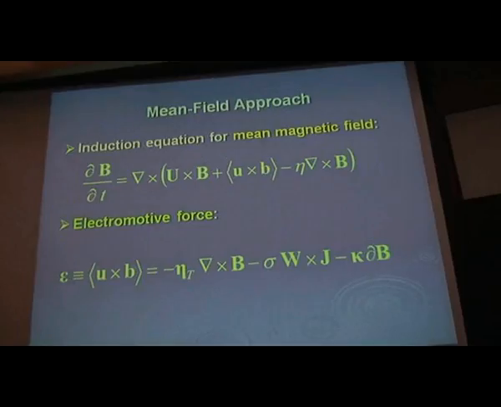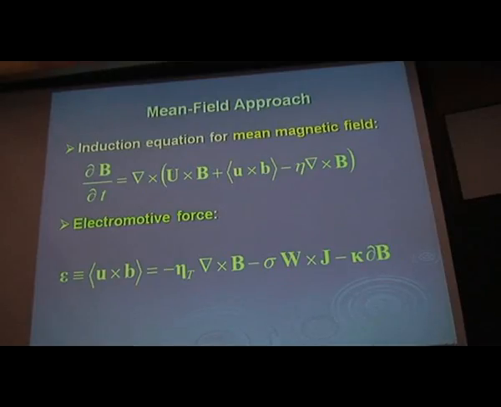Let's discuss the theory. In the frame of the mean field approach, when there is mirror-symmetric turbulence, the mean alpha effect is 0, and the alpha B term in the mean electromotive force vanishes.